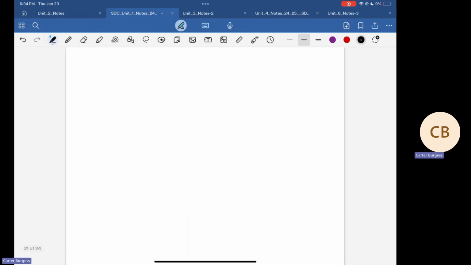All right, let's take a look at number 13 here. So we are given a function. This function has something that we will talk about in Unit 2, which is a vertical asymptote at x equals 3.